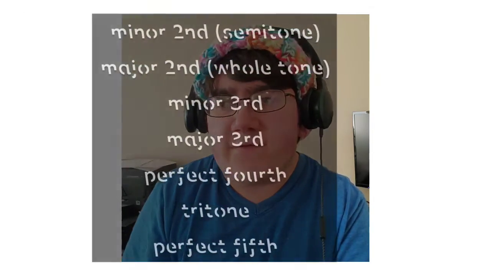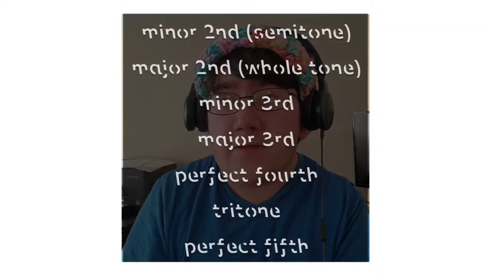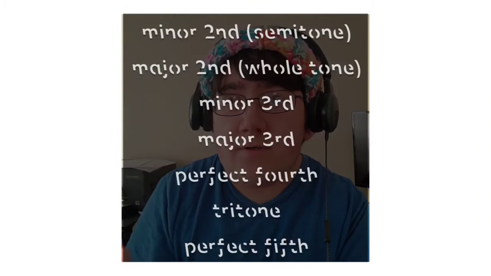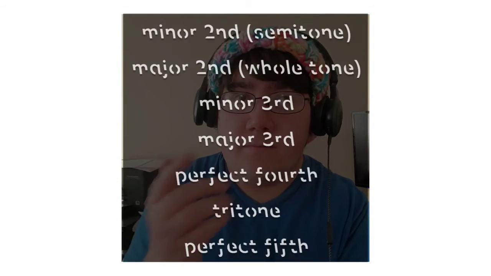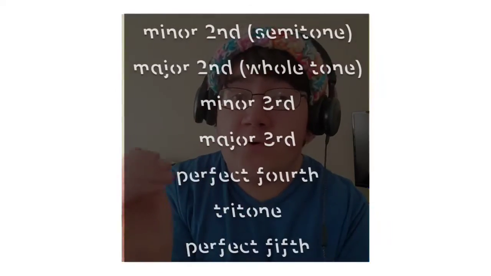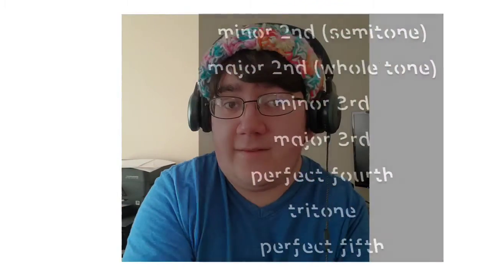Minor second, half step, whole tone or major second, minor third and major third, perfect fourth, tritone, and perfect fifth. And anything outside of that is really just one of those intervals upside down. So like, major sixth is really just minor third, but the other way. Why did that take me like 5 seconds?